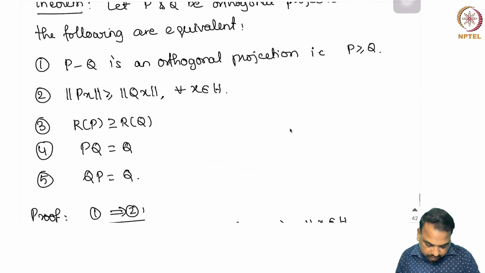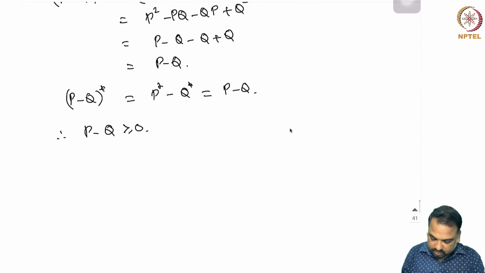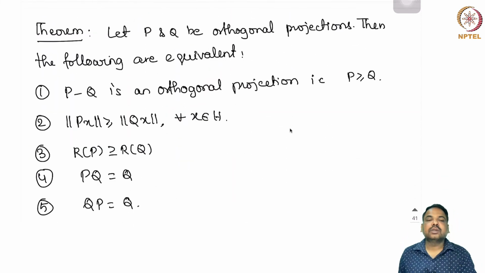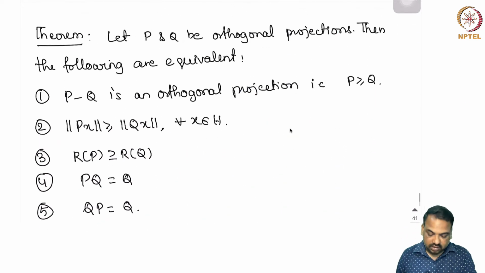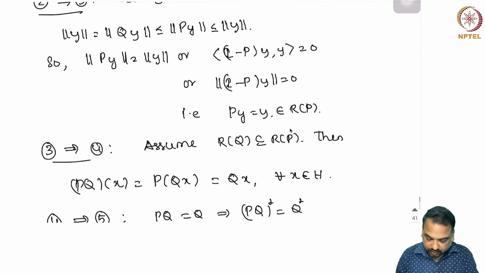Now this implies 1. This theorem gives a relation between two projections having the condition that the range of one projection is contained in the range of the other projection. So if you take the product of such projections, we get the smallest projection.